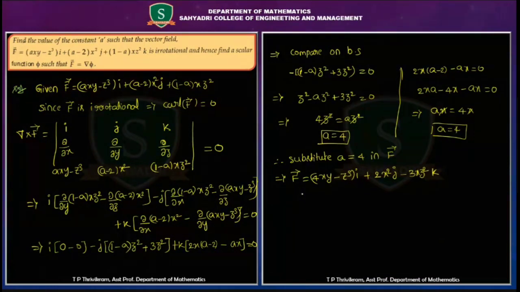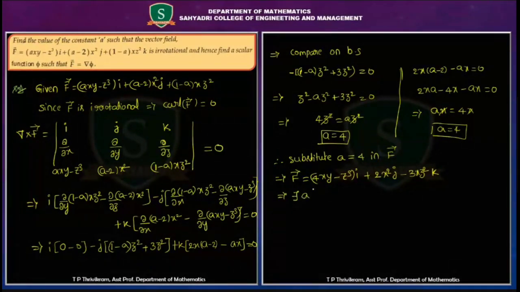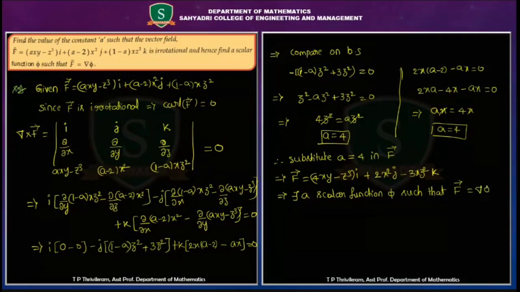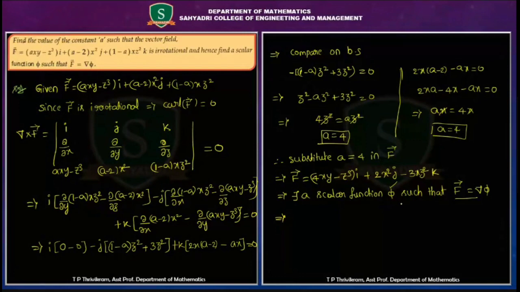And he has given that F is irrotational, right? It implies there exists a scalar function phi such that vector F is equal to del phi. So using this condition you need to find the phi value.